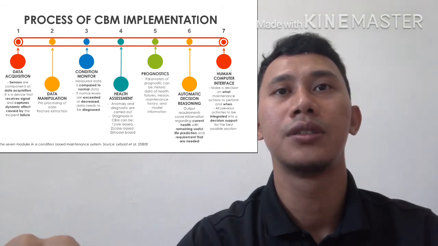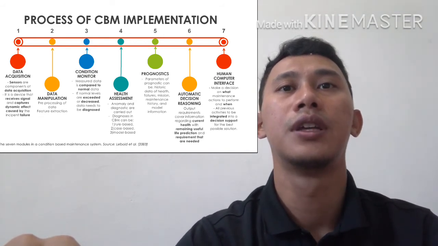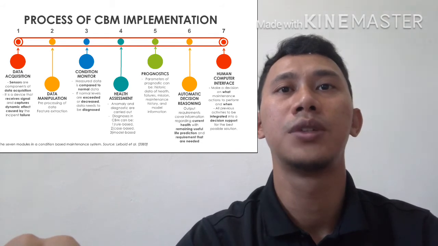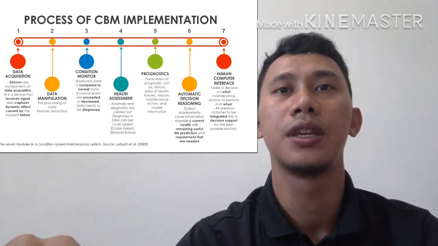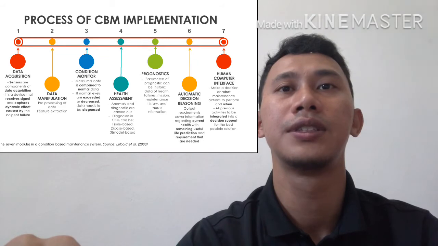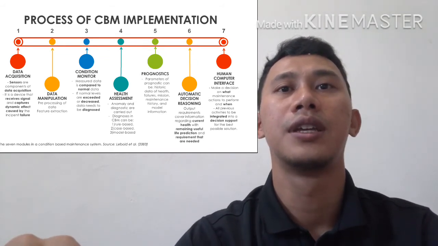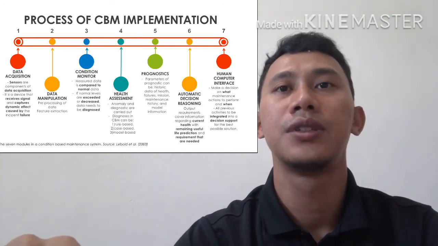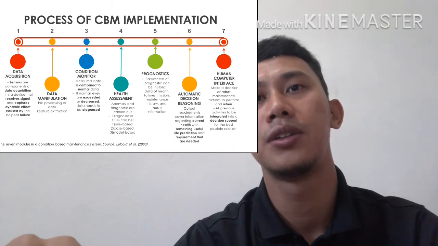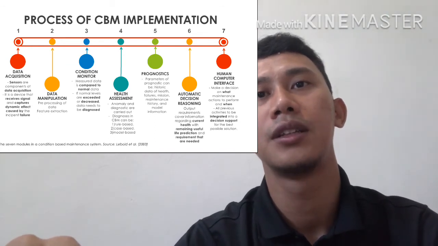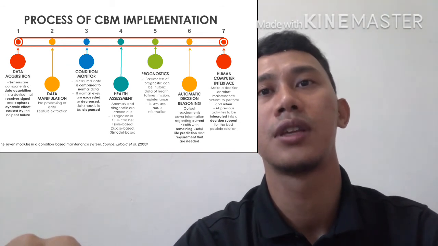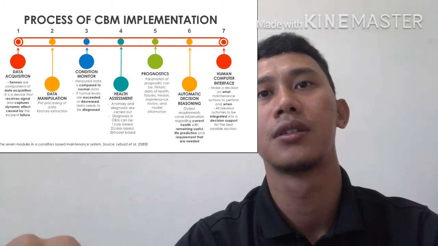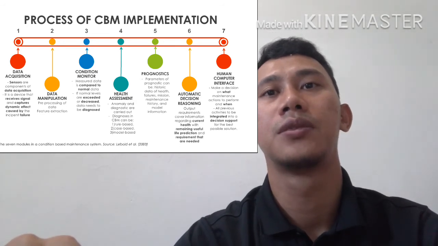Condition monitor is a measure data is compared to normal data. If normal level are exceeded or decreased, data needs to be diagnosed. Health assessment is anomaly and diagnostic carry out.